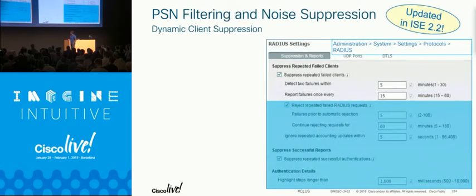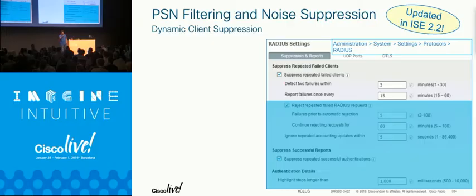If I go on this slide, these are all the RADIUS settings within ISE, and these are the numbers that you play with. For example, the first one says suppress repeated failed clients. So if I'm seeing 2 failure attempts from the same endpoint within 5 minutes, right? I can say that, yeah, this endpoint is having issues. I don't want to log it anymore.